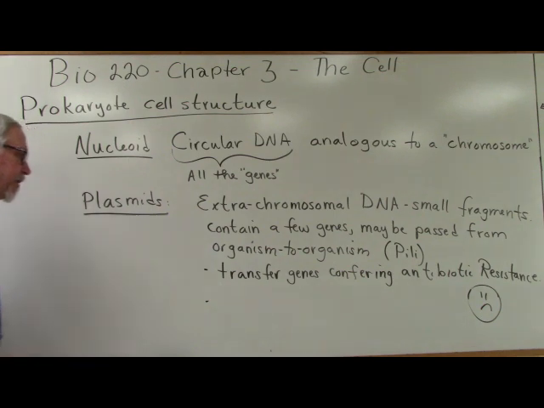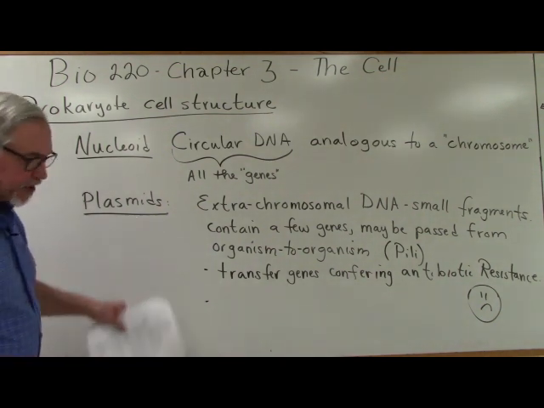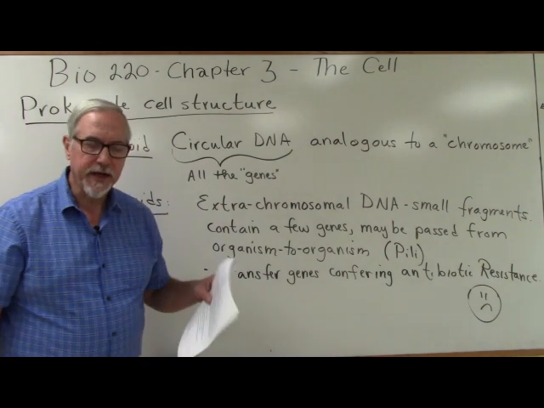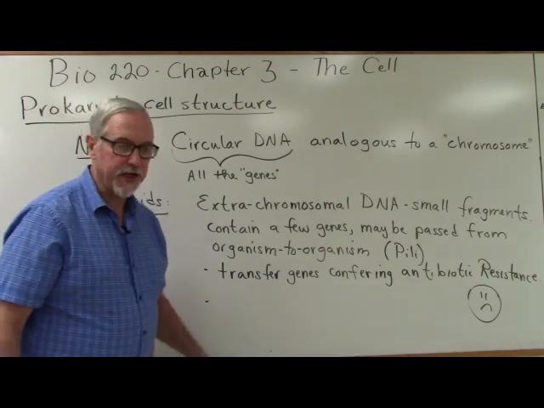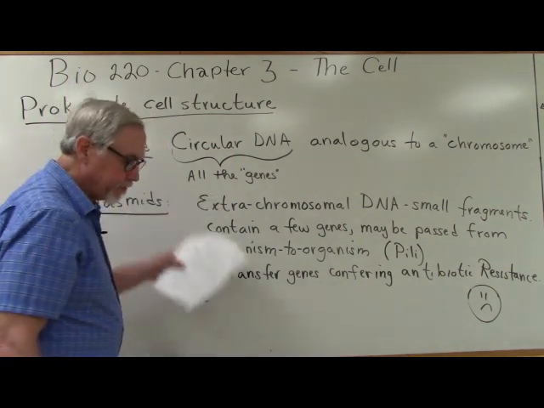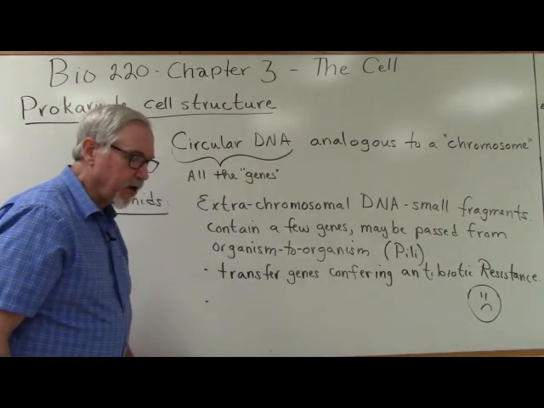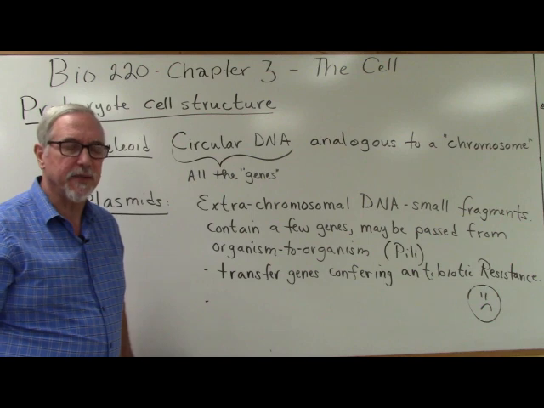But then we can also use plasmids. We can construct artificial plasmids and genetically engineer bacteria to make things that we like. Like, for example, you can take the genetic code for the 52 amino acids that make human insulin.